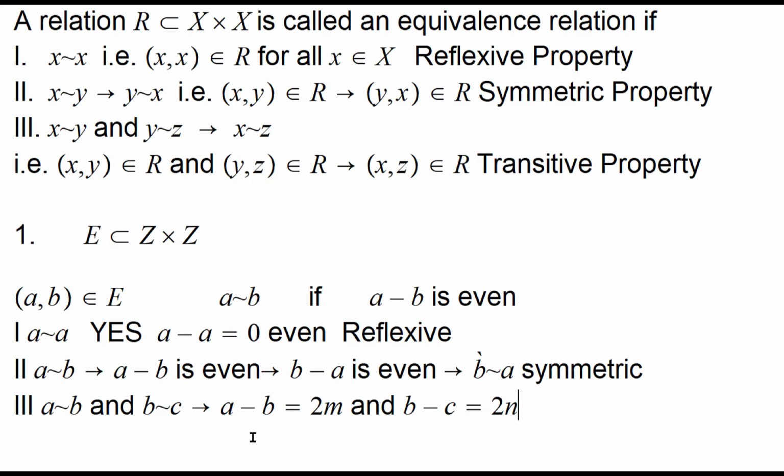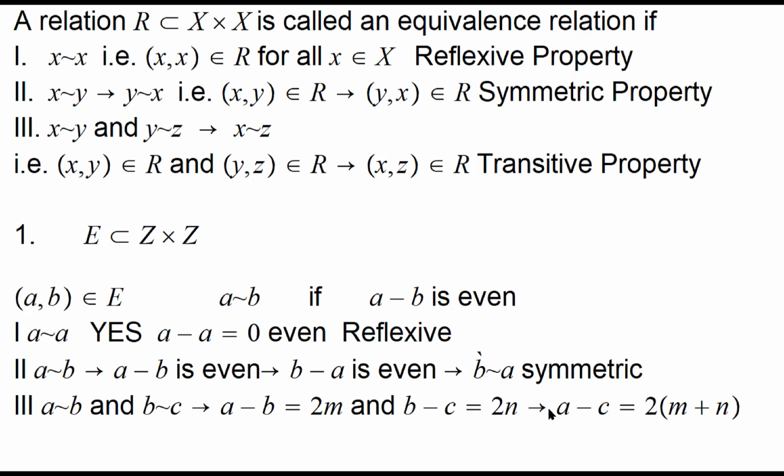So if I add these two equations, then on the left-hand side, the b's will cancel. And on the right-hand side, we can factor a 2 out. So this equals 2 times (m plus n), right?